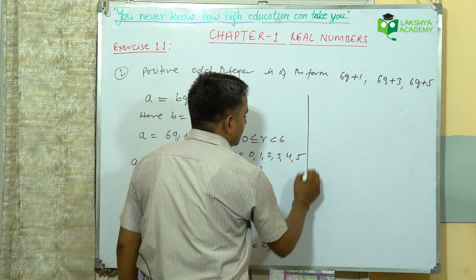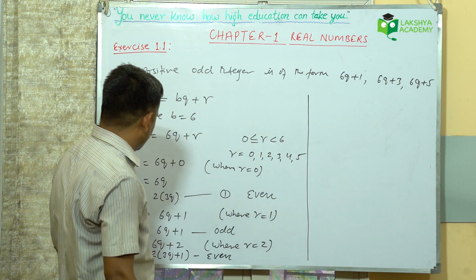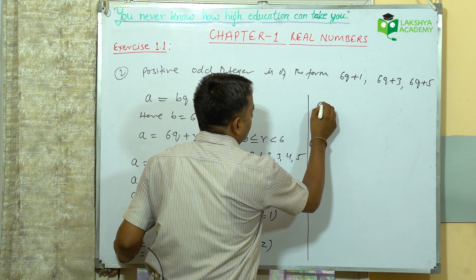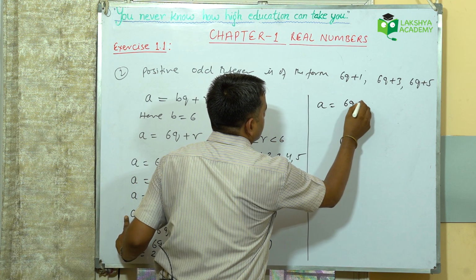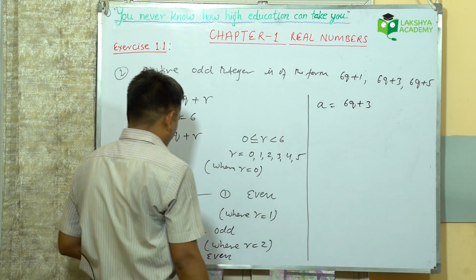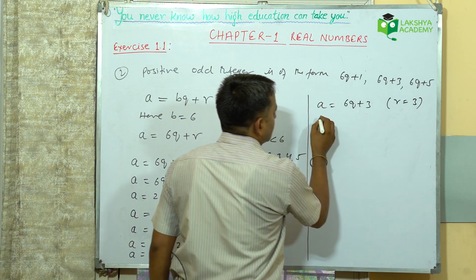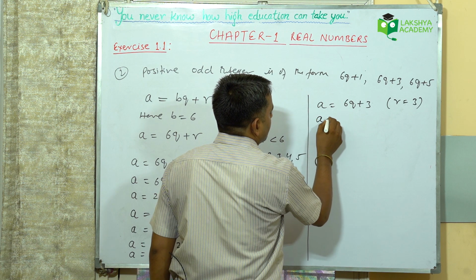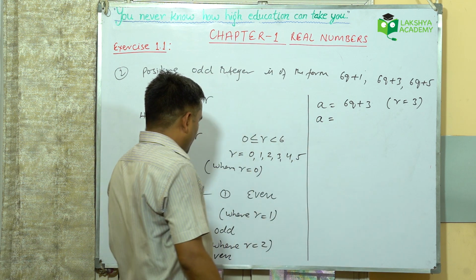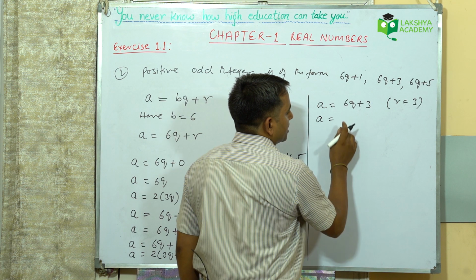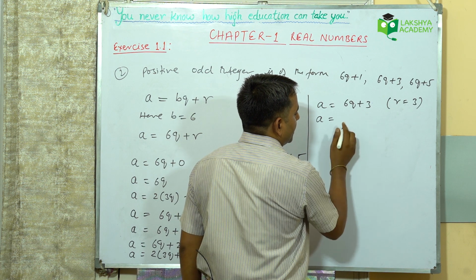Similarly, we can find this expression for the others also. Taking the same, a equals 6q plus 3, where r equals 3. So this will be reduced as a equals, again this is an odd expression because this completely will not be divided by 2.